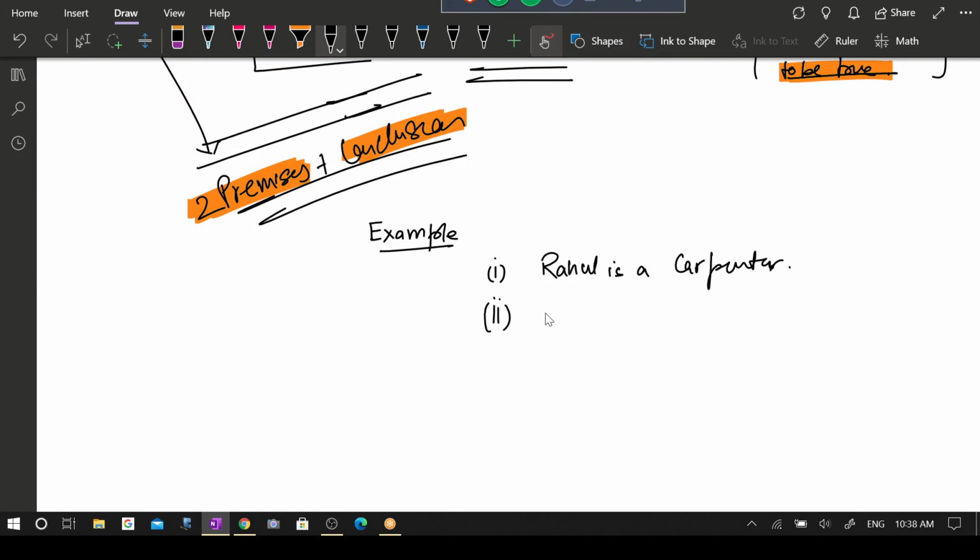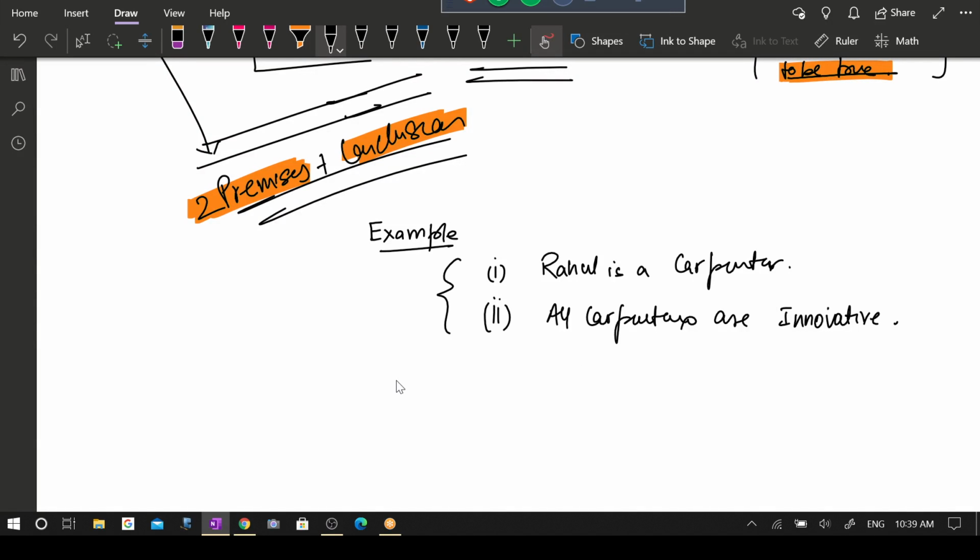And statement 2, all carpenters are innovative. So I have got two premises, two statements. One statement is Rahul is a carpenter, and second, all carpenters are innovative.